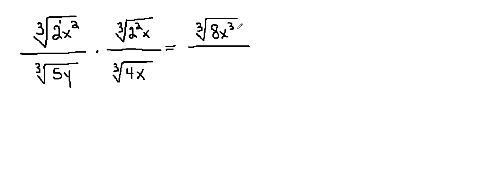Similar to what we did in the beginning of the examples. Then on the bottom here I have the cube root of 5 times 4 is 20, and x times y, or y times x, is xy.